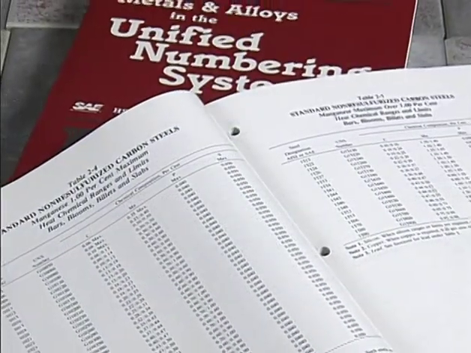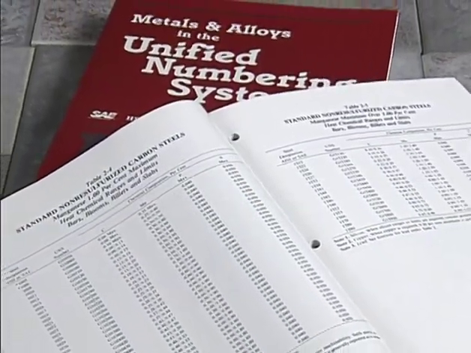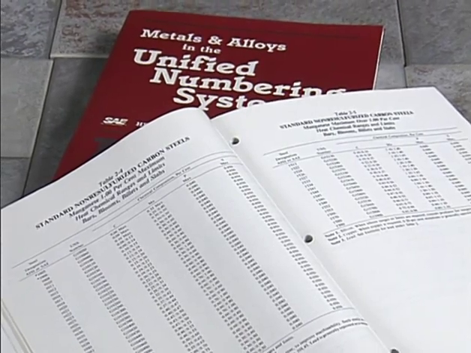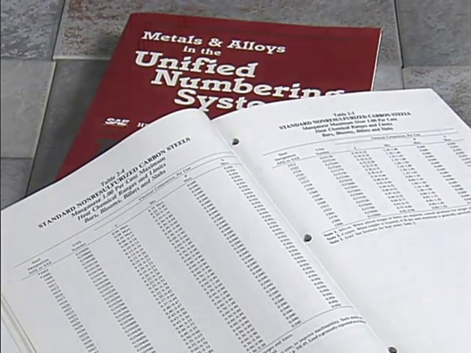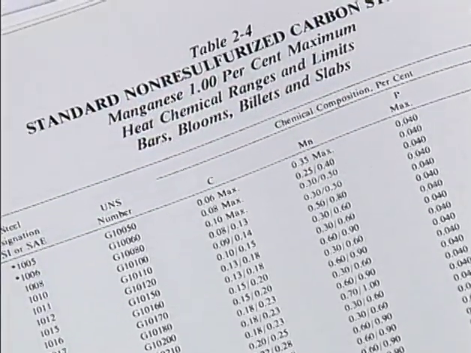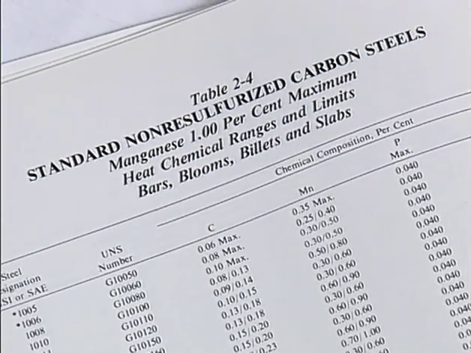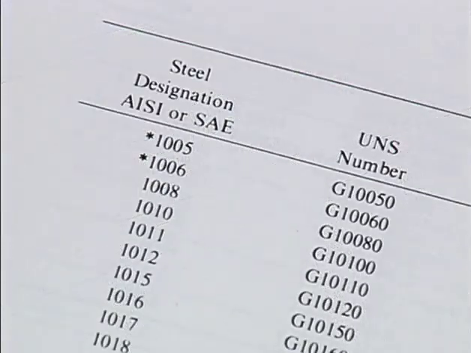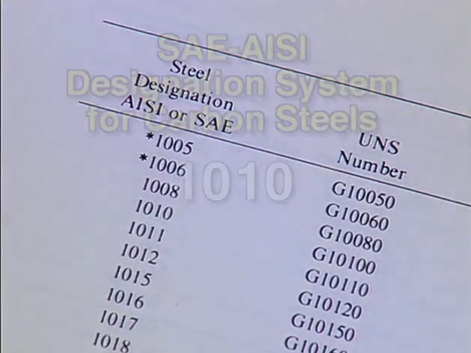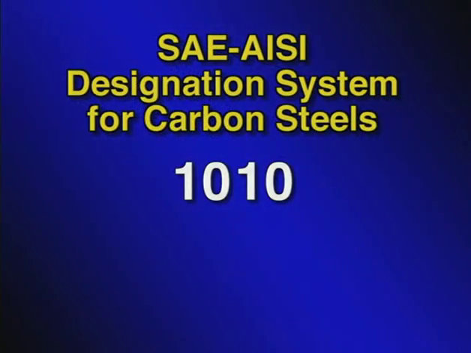But there are a couple of designation systems that are much more helpful to welders because they identify the chemical composition of the metal. The most widely used designation system for carbon and low alloy steels was developed by the Society of Automobile Engineers and the American Iron and Steel Institute. The 4-digit SAE-AISI designation tells you almost everything you need to know about a particular steel in order to weld it.